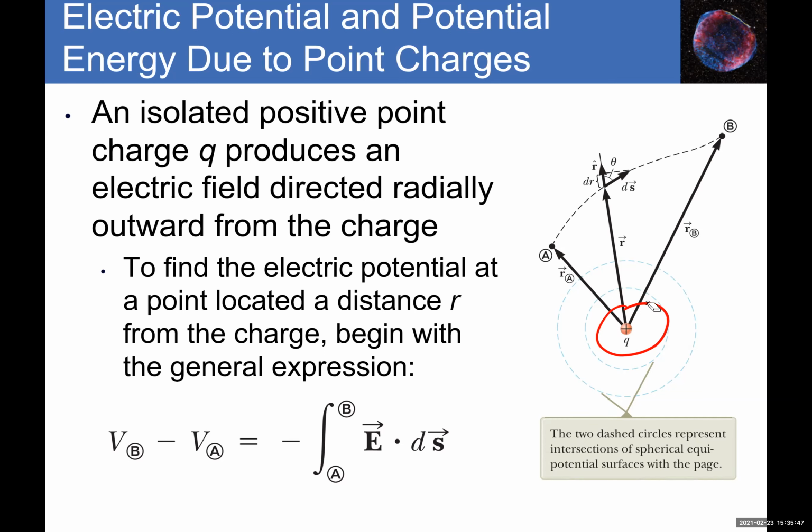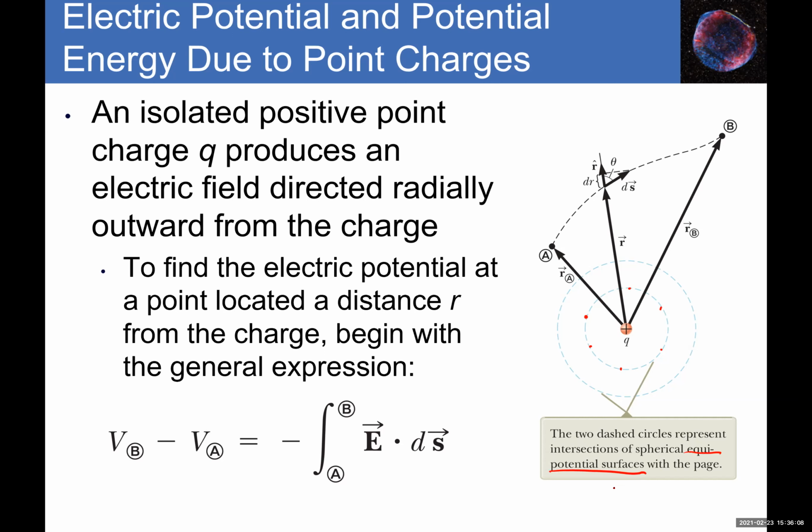Now, one thing I can do here is if I look at some distance r from this charge, I can see that those points are exactly the same distance from the charge. So the potential at those points is exactly the same. That's why those are known as equipotential surfaces.